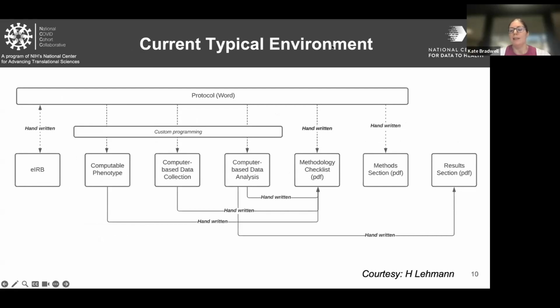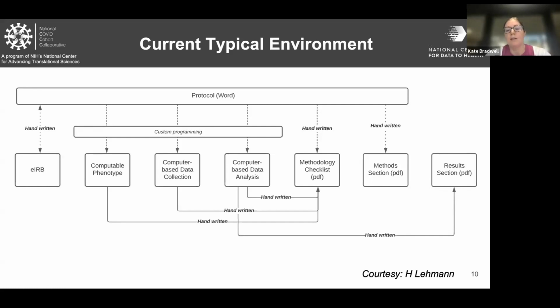So this is a diagram that Harold has put together, which shows the overall process. So in the beginning in N3C, as I mentioned, you have to write a data use request to perform observational research on the patient data. This also involves IRB. And so this is the very first step.